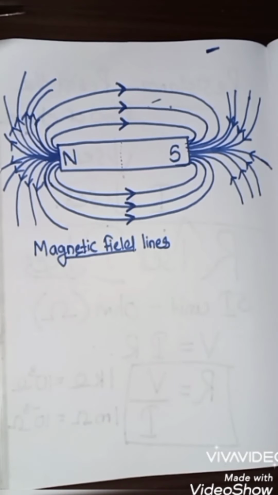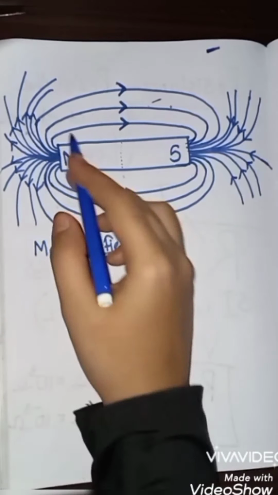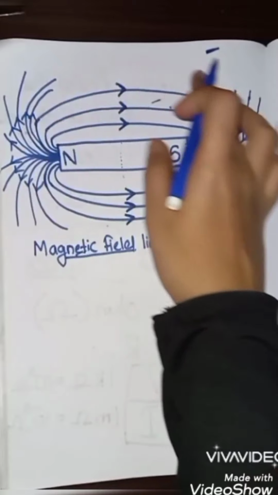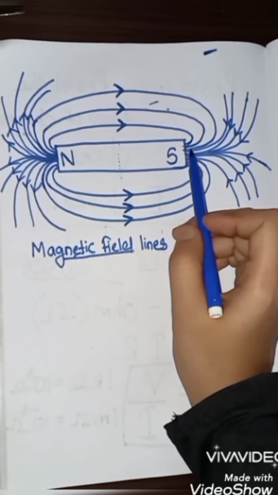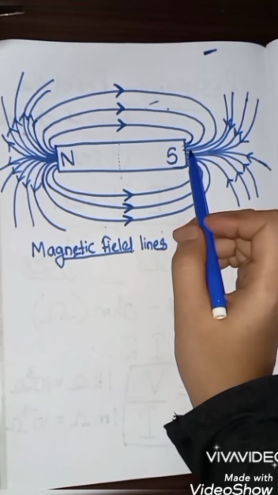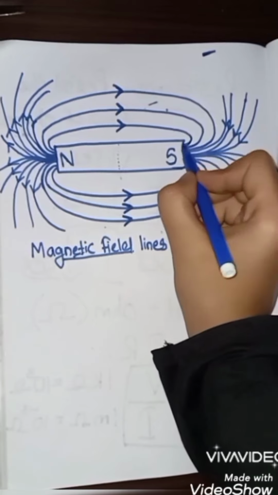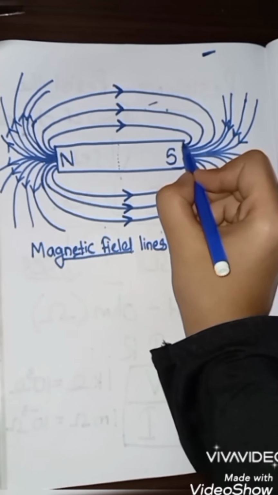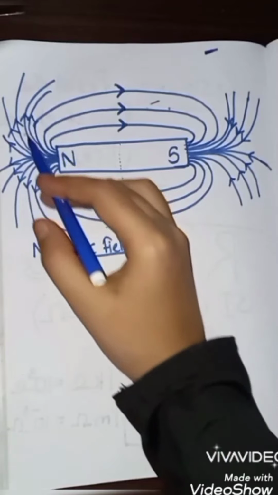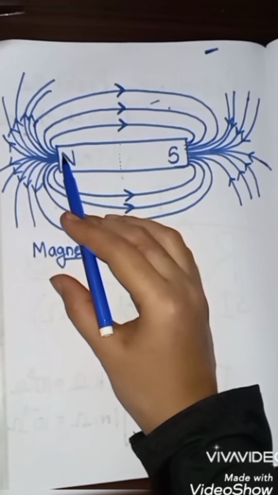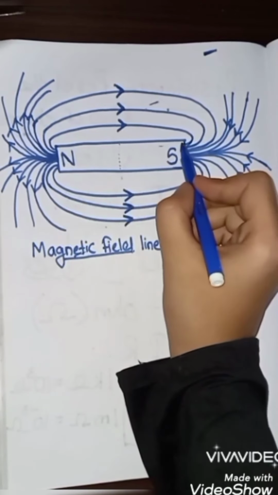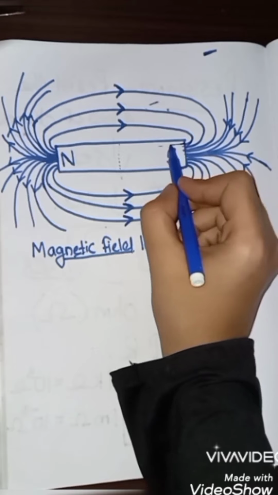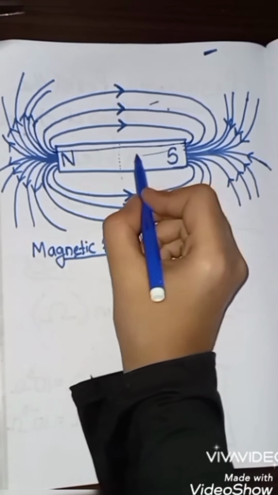So the direction of the magnetic field outside the magnet is from north pole to south pole, and the magnetic field lines are closed curves. The magnetic field lines pass not only outside but also through the inside of the magnet.